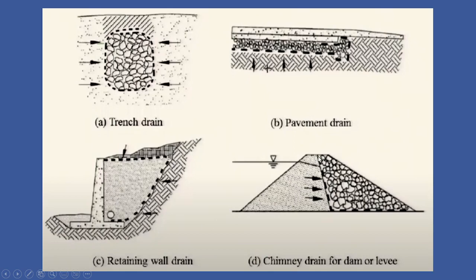Also if you see the embankment dam or the chimney drain, like this is the chimney drain we used to say for the dam only. So if we have any embankment available, the lateral forces can be further reduced if you provide some drainage path here along the dam cross section.